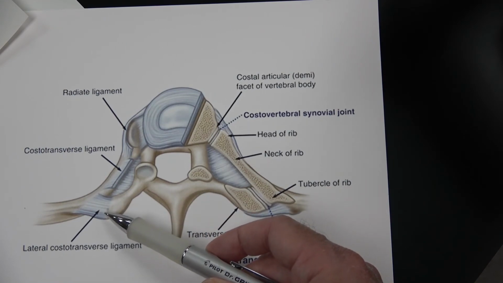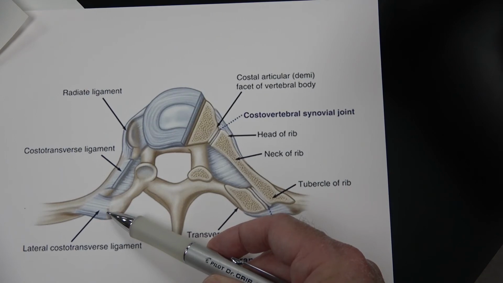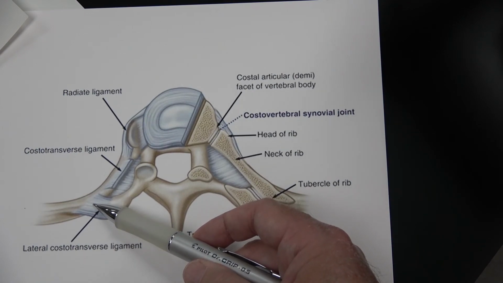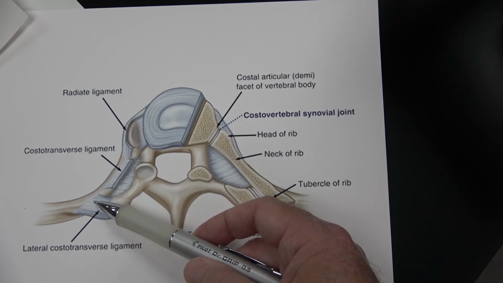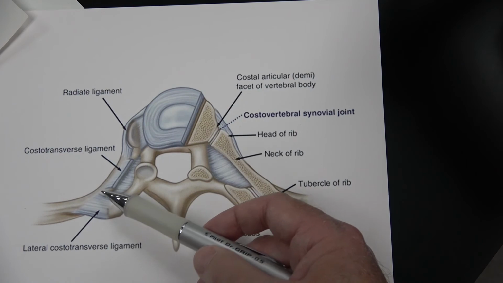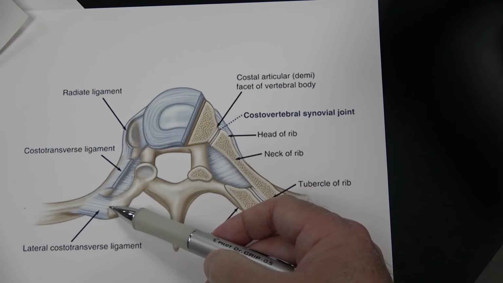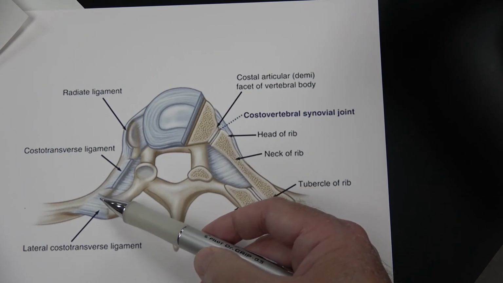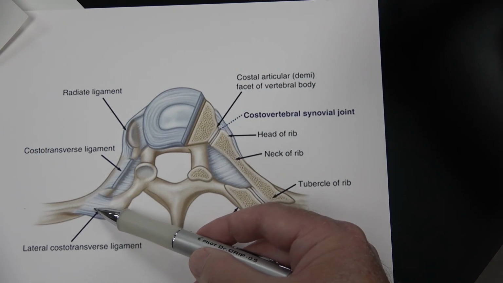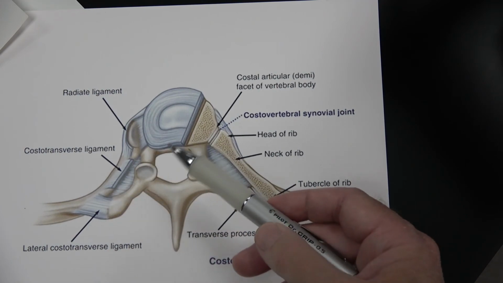And notice how the lateral costal transverse ligament connects to the lateral part of the transverse process. It connects into that tubercle of the rib, specifically into the non-facet part. Remember, the tubercle has a facet which connects to the transverse costal tubercle. Just a little bit lateral to that, there's a rough area, and that's where this lateral costal transverse ligament connects. Okay?